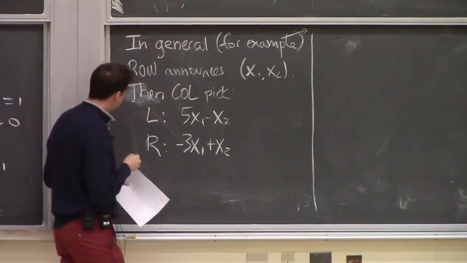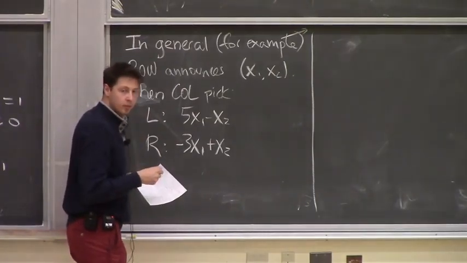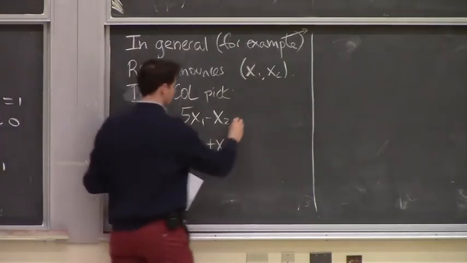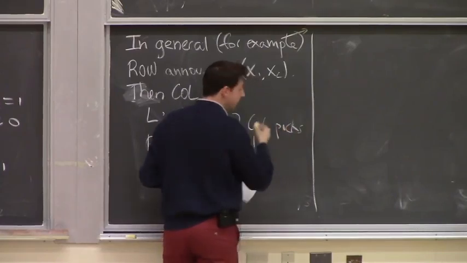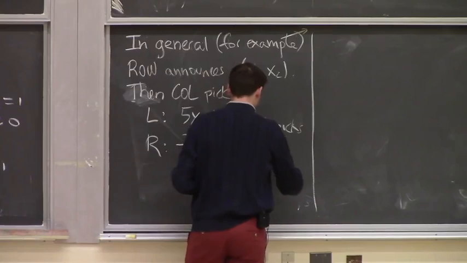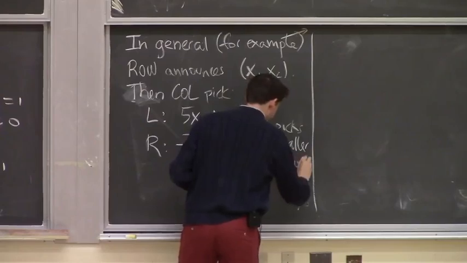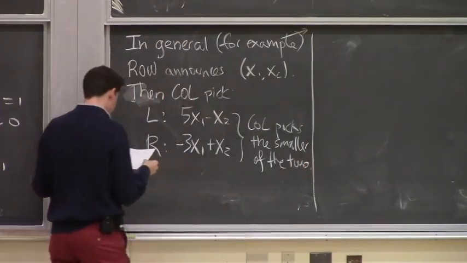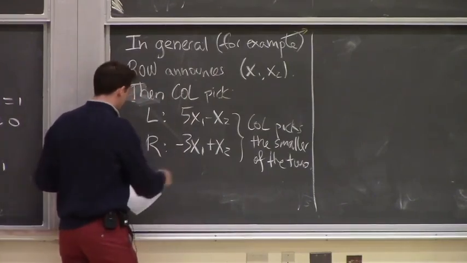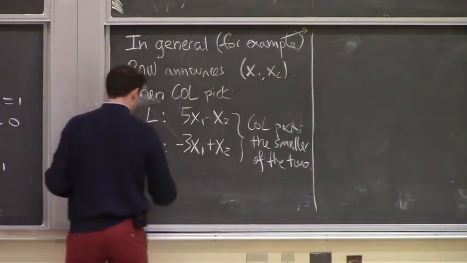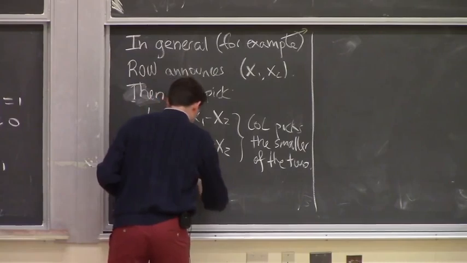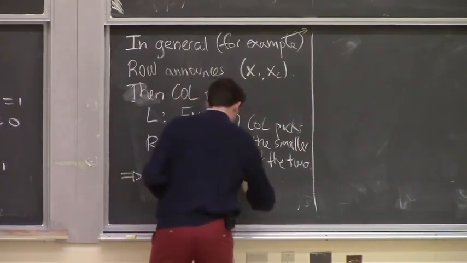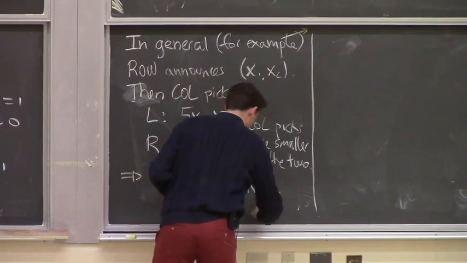So which one should column pick? Whichever is smaller. So let's say column picks the smaller. Maybe they're equal, and then it just doesn't matter, right? But he picks the smaller of the two. So the utility that we get is the minimum of 5x1 minus x2 and minus 3x1 plus x2.